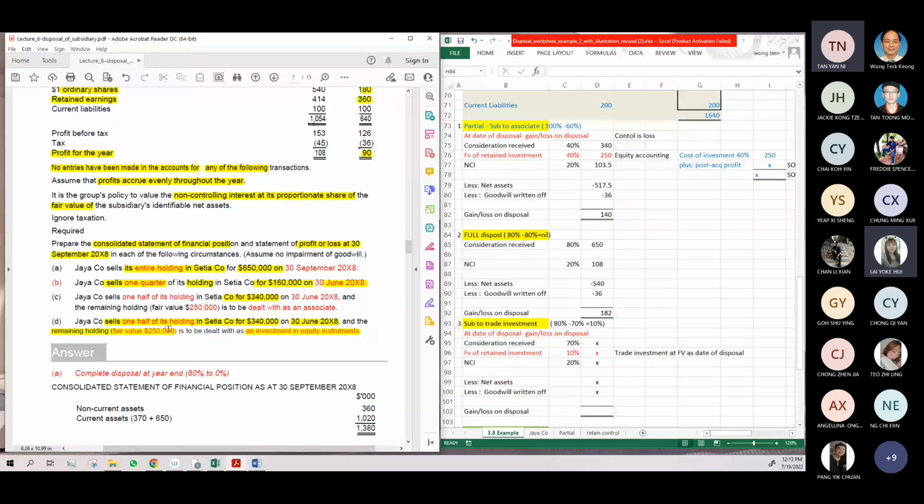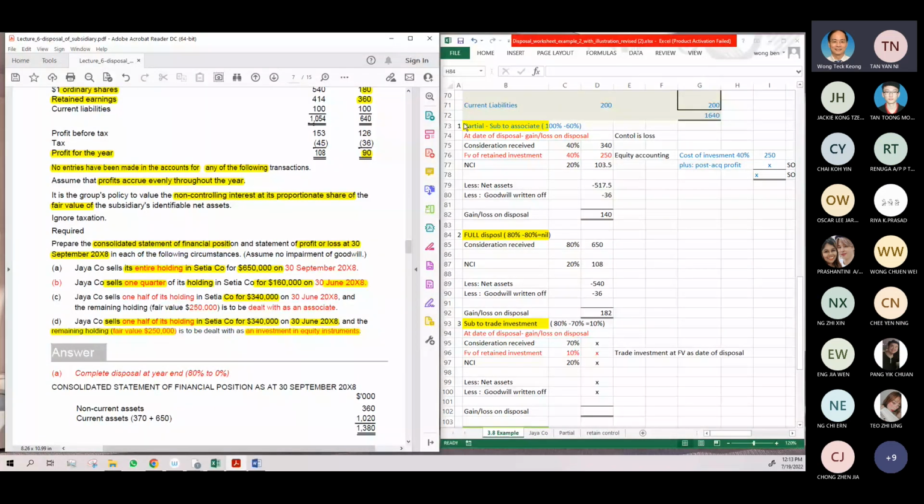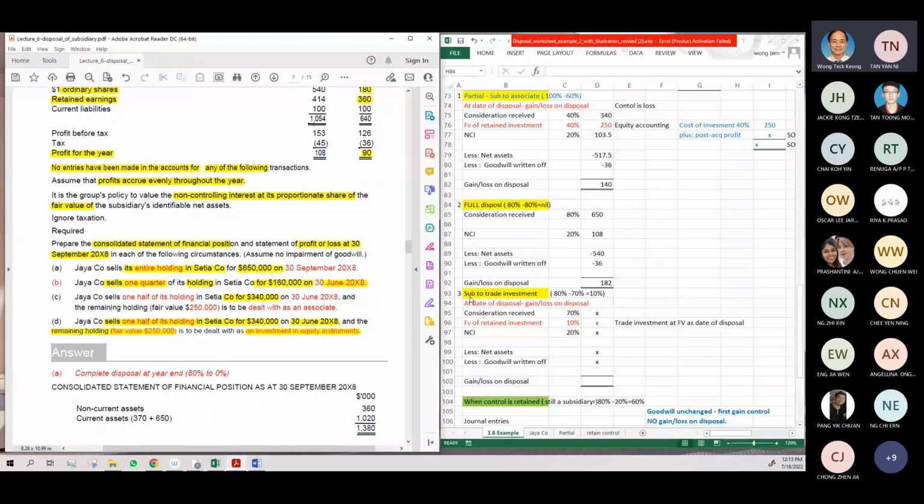Loss of control. Yes, loss of control has 3 parts. Which one: partial, full, or subsidiary to trade investment? You must know which one to go to, otherwise the 3 accounting treatments are different when you compute the gain or loss on disposal. This one is subsidiary to trade investment because the question deals with it as an investment in equity instruments, number 3.